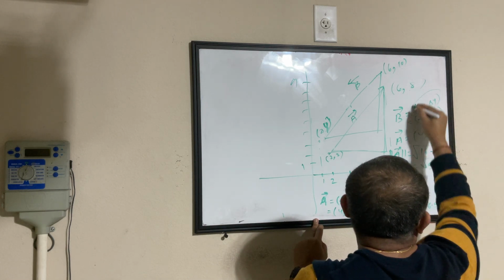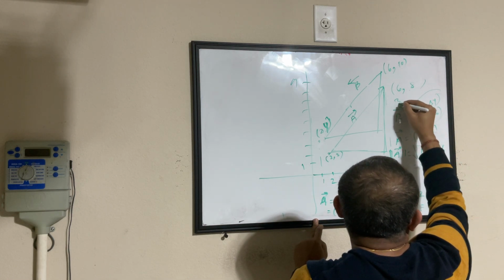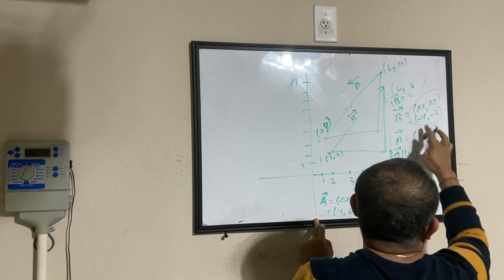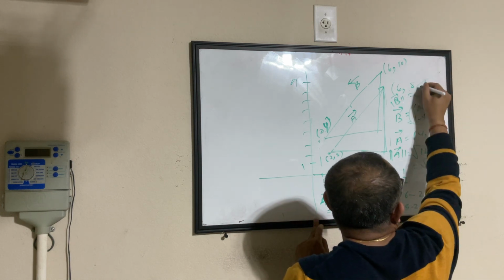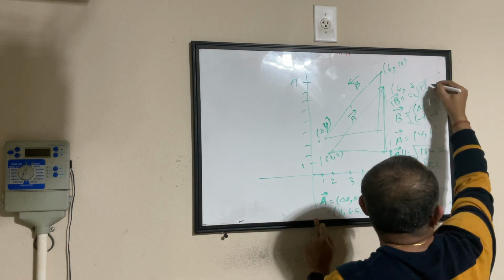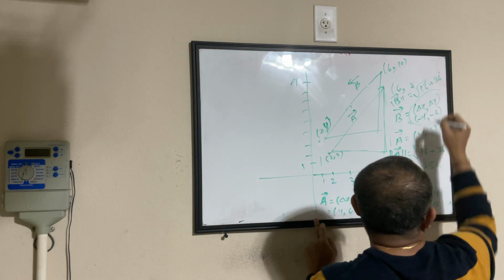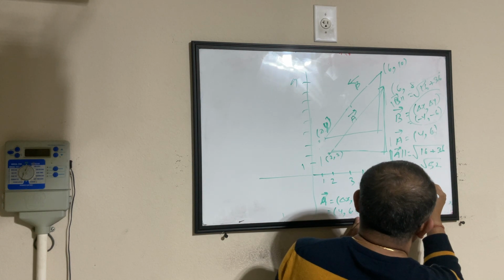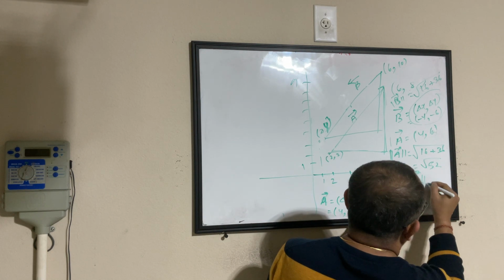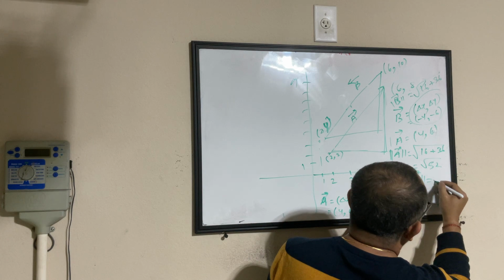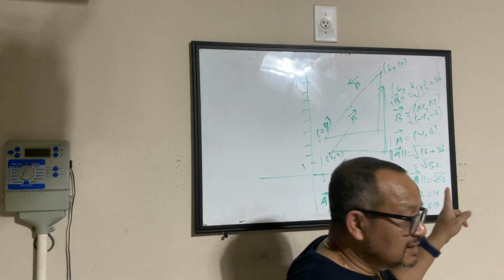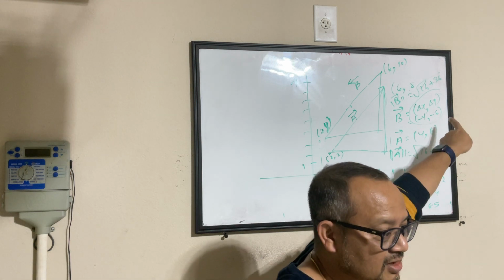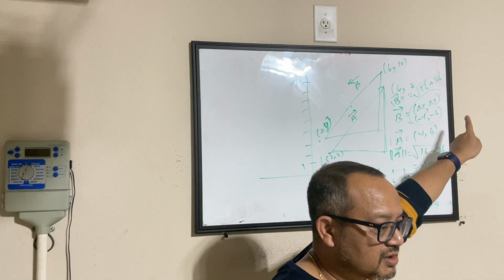Similarly, if you look at B, you will get the same magnitude. -4 squared gives you 16 and -6 squared gives you 36, so this also becomes 52. So what you see from this is the magnitude of both of them is the same, meaning the length is the same. What differentiates them is the sign of the x component and the y component.